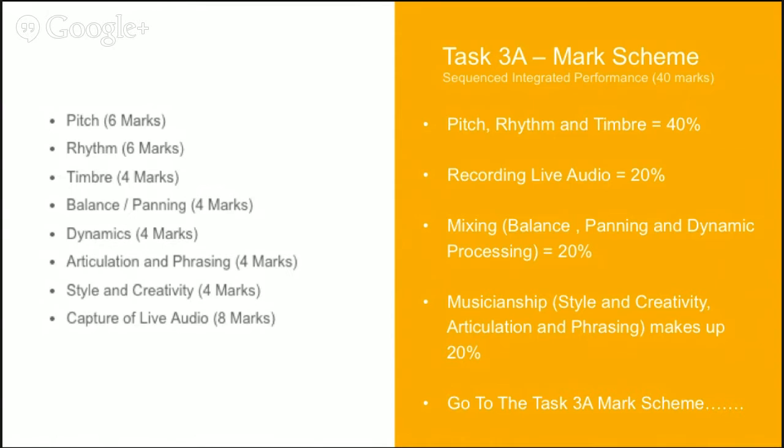The progression from AS to A2 is quite a big one. So when you're getting your students to look at this, make sure that they take this very seriously, and that they've done all their foundation work and that they're up for the task. They're going to really need to push themselves on this one.